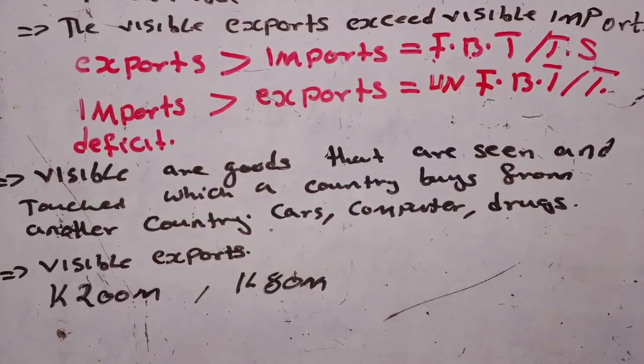It will result in a favorable balance of trade, because the amount of money spent on the exports is high compared to the amount of money spent on the imports.